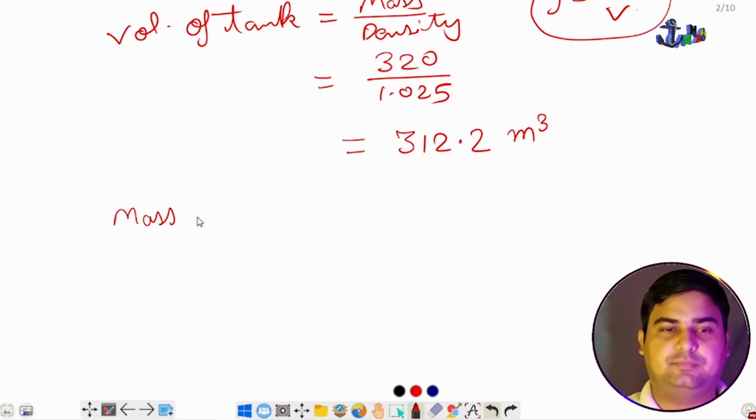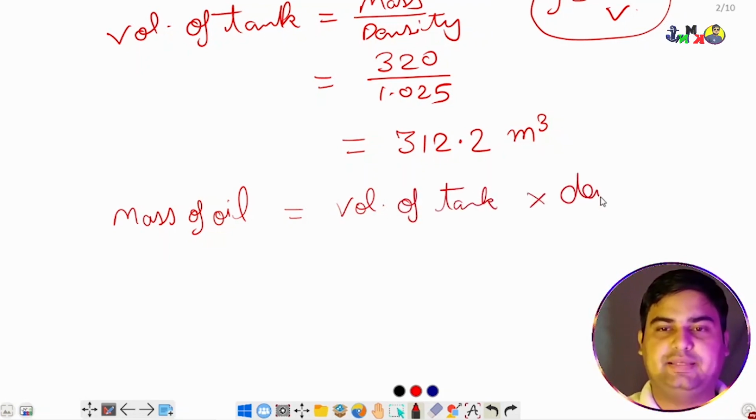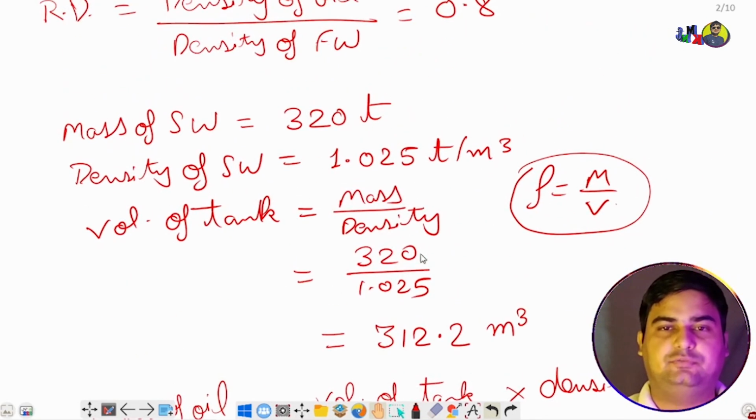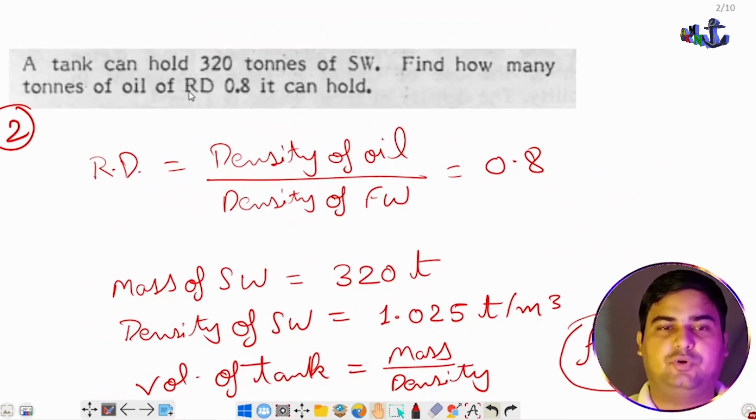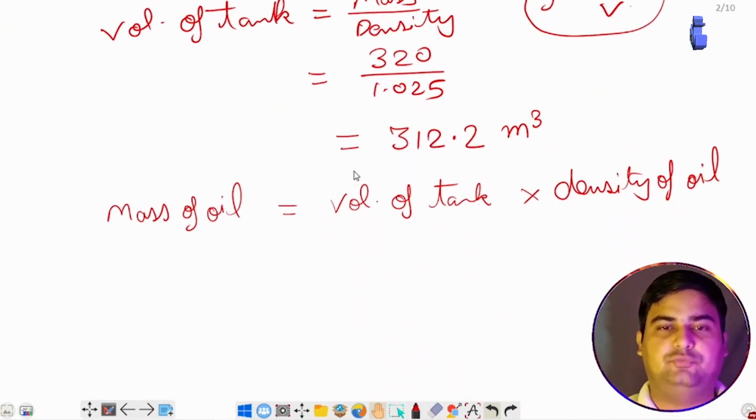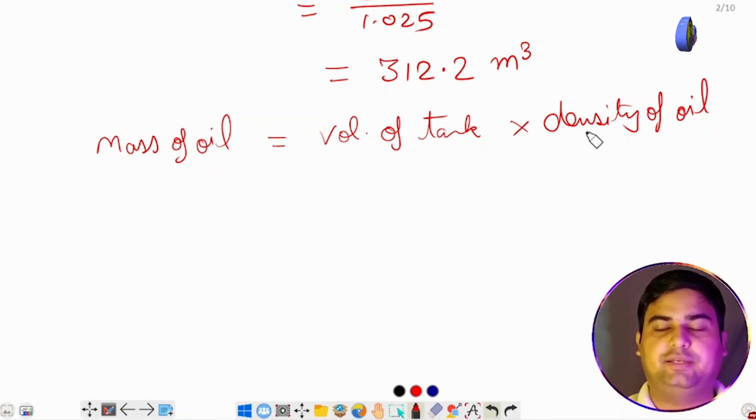So we need to find out the mass of oil. So mass of oil will be equal to volume of tank into density of oil. As we know, the question is how many tons of oil of RD 0.8 it can hold. Volume we found out already, and density we know.